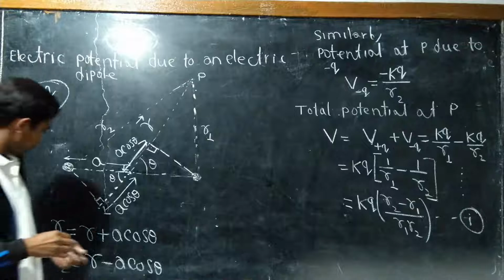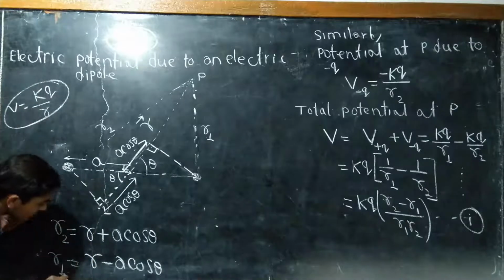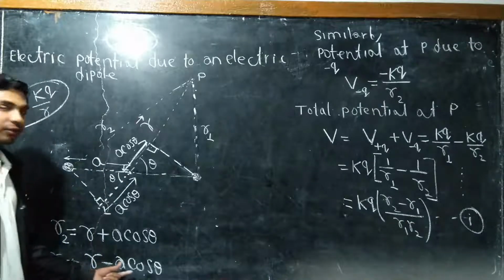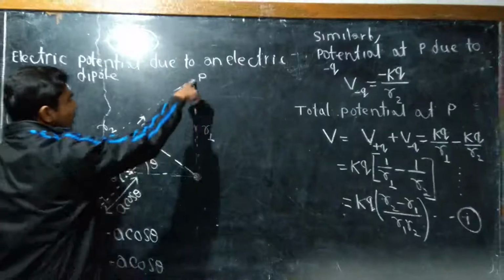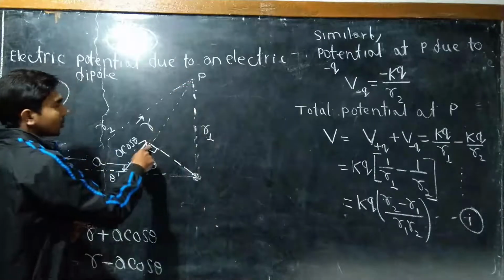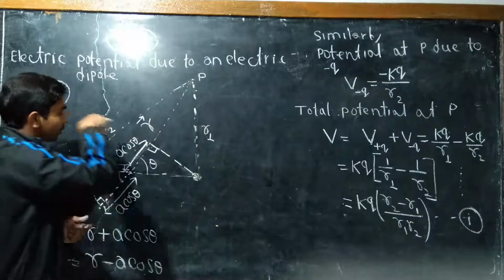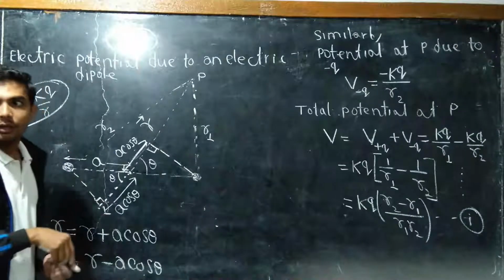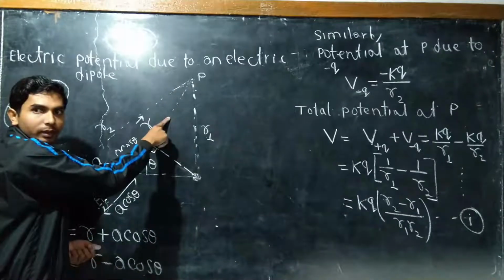Now you can see how R1 is coming: R minus A cos theta, right? This length is somehow equal to this length. This is not clear by the diagram, but this length is approximately equal to this length, okay?